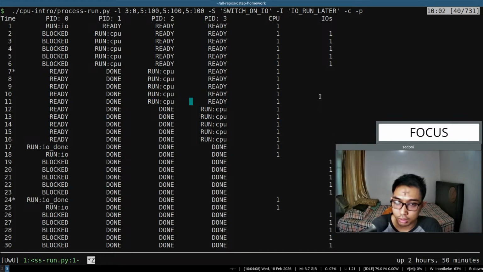We are waiting for the other CPU process to be done and then going back to the input-output process, which can take a long time, I guess.